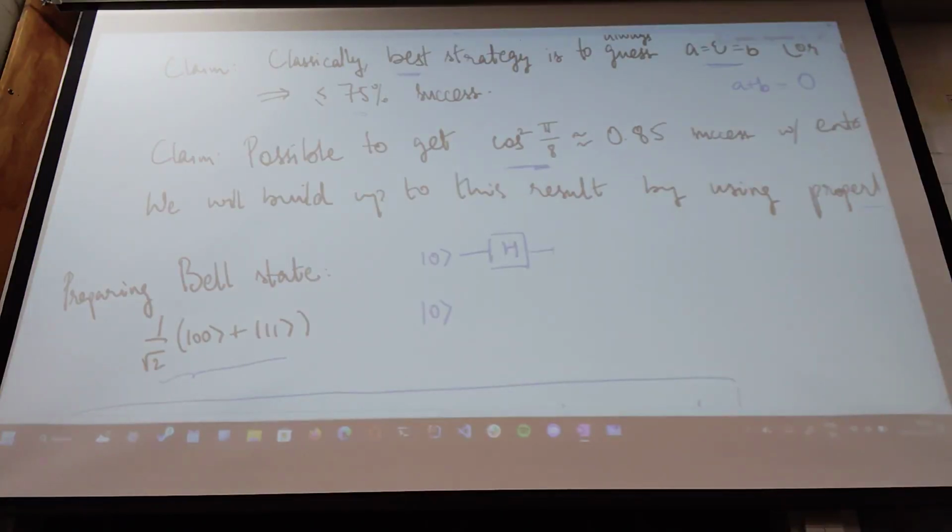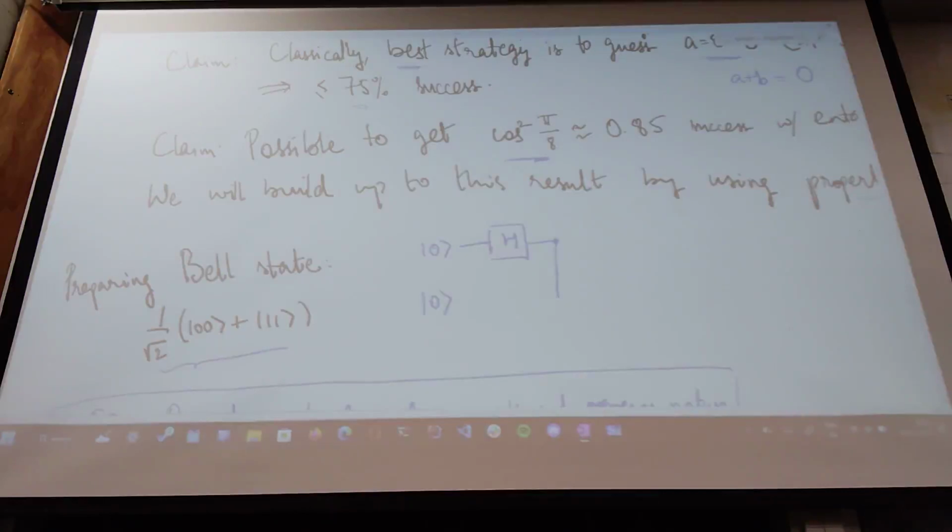Okay, and then what do we do? What comes next in the fundamental circuit design which we looked at so far? Yeah, C naught? Yes! Exactly. More generally, you would have a control some unitary, but in this case, the C naught works perfectly.